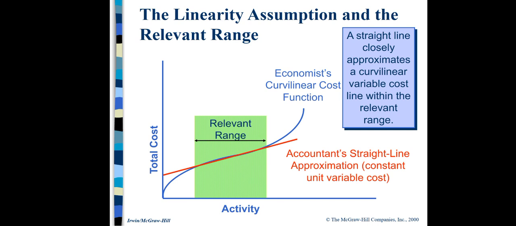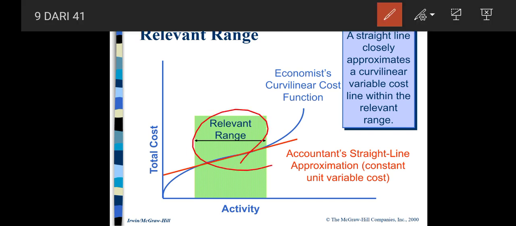So it means that variable cost behavior assumes that the company is operating or selling within the relevant range. Then, if the activity does not cross the relevant range, the additional cost will not occur. Nah, jadi kalau tidak melewati relevant range ini, maka tidak akan ada biaya tambahan.